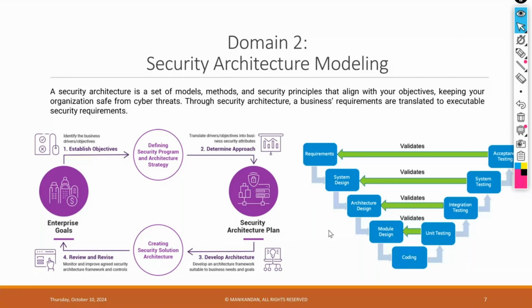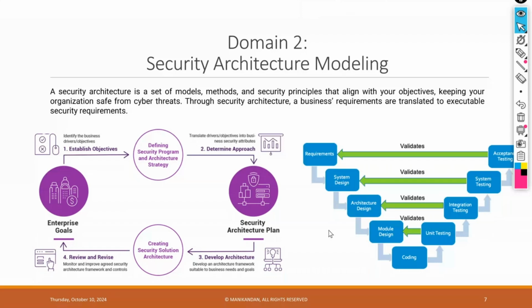We define a security architectural plan where we define the framework, which is going to help the organization achieve its vision and mission. And finally we review and revise, so we monitor and improve the agreed security architecture framework and controls.